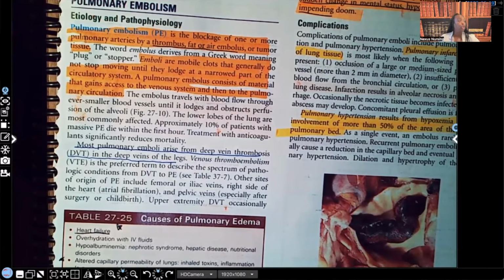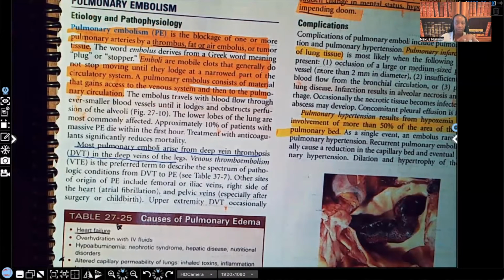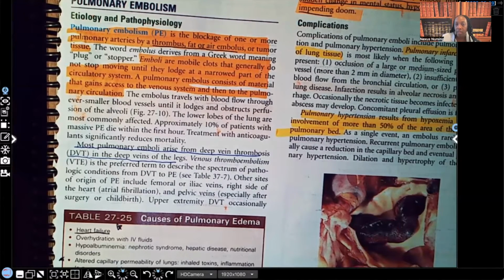As students, you will sit there and read those two sentences and just keep going and act like you understood what it just said. No, stop. When you're reading something, you need to make sure you understand what it's saying. So the emboli, this moving clot, usually doesn't stop until it lodges itself somewhere, right? It lodges itself into a narrowed part of the circulatory system. And guess what? Once it lodges itself somewhere, how's blood going to get through?